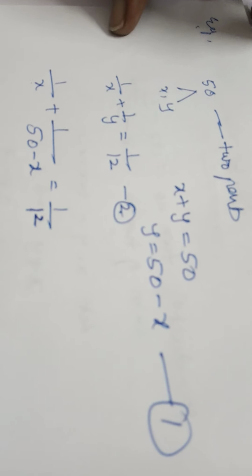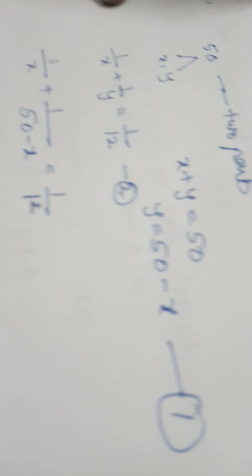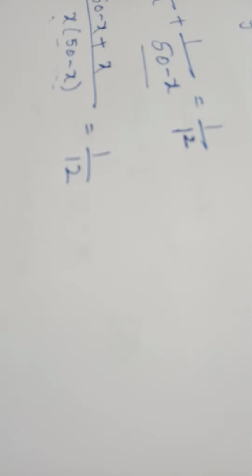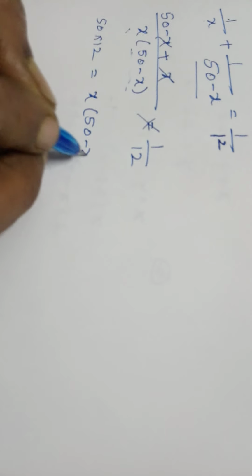Now x will go 50 minus x times, so 50 minus x into 1 is 50 minus x, plus 50 minus x will go x times, x into 1 is x. Now here x cancels. So if you cross multiply, 50 into 12 is equal to x into 50 minus x.